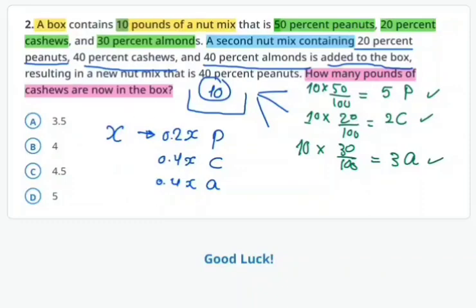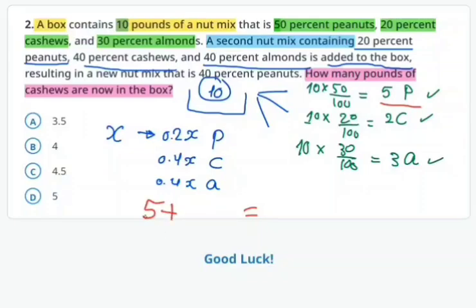Let's take it step by step. We can form an equation for the amount of peanuts, because here I have peanuts, which is 5 in the first amount.